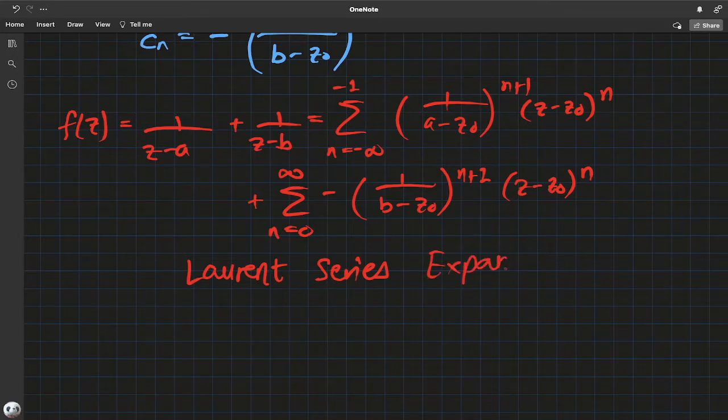So now you see why these are important, because when we didn't enclose any singularities, we basically used the same idea that we would have used for, say, a real valued function.